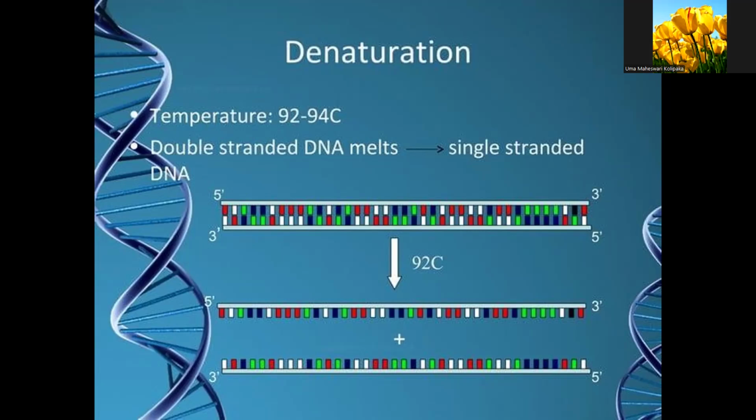Denaturation takes place at a temperature of 92 to 94 degrees Celsius, and the double-stranded DNA melts into single-stranded DNA.